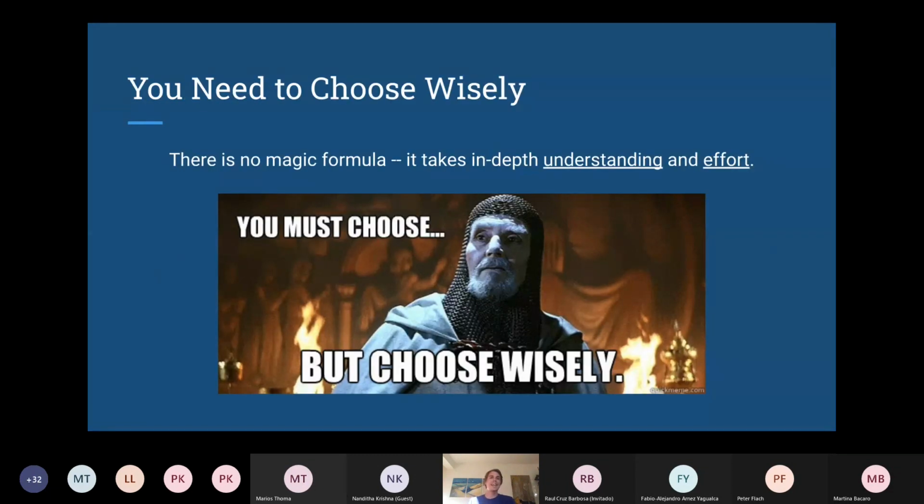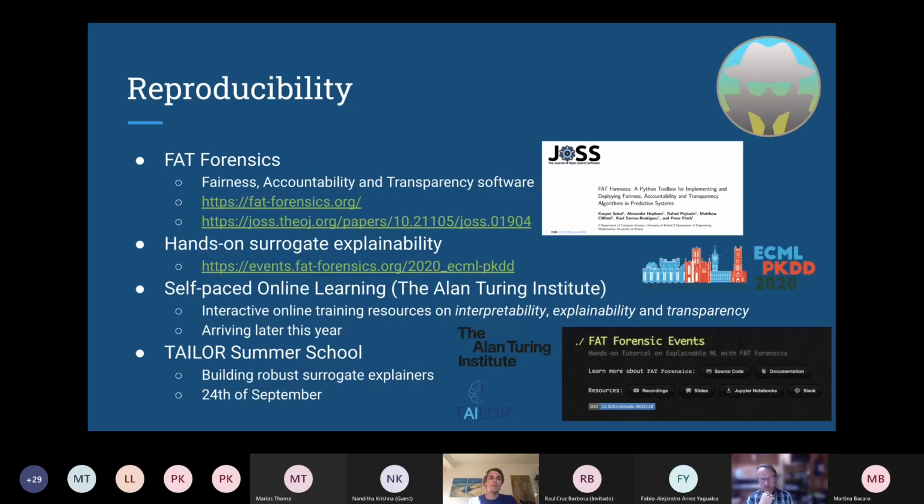So in the end, I'm sorry to disappoint you, but there is no magic formula for building surrogates. You actually need to understand every component that you use, and you need to understand the problem that you're facing and that you're trying to explain, and some characteristics possibly of the black box that you are trying to explain.